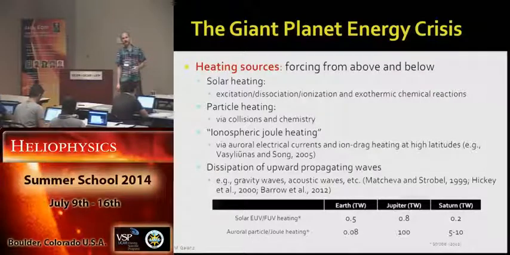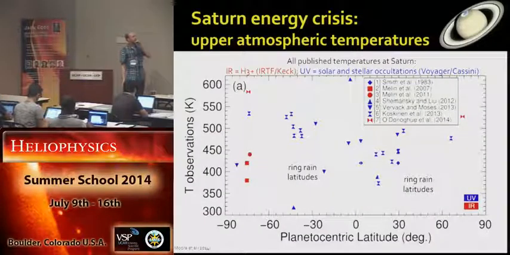So let's go into that in a little bit more detail. But before that, let me just mention that these temperature estimates of the upper atmosphere were based only on a few measurements until now for Saturn. Only recently at Saturn, notice this is the observed temperatures versus latitude for Saturn in the infrared, in the red points, and the UV in the blue points.